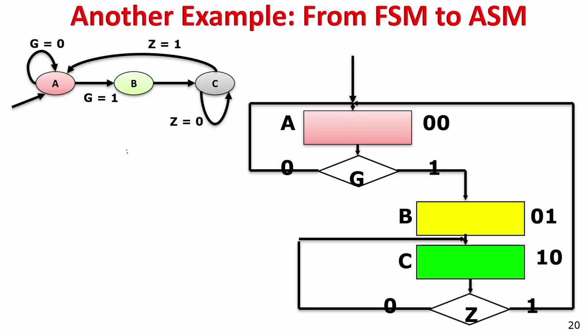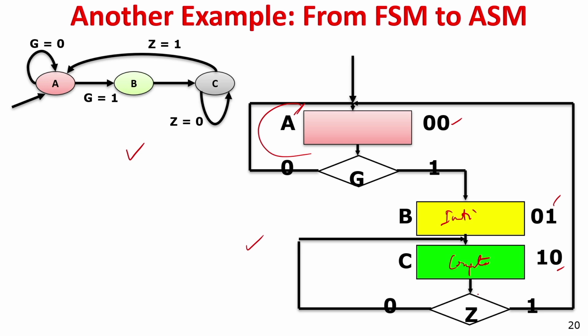This is the ASM for that, and if you look, there are clearly 3 states: 00, 01 and 10. Whenever G is equal to 0, it stays in the idle state, and whenever G is equal to 1, it goes to the init state, which initializes, and then the compute state.